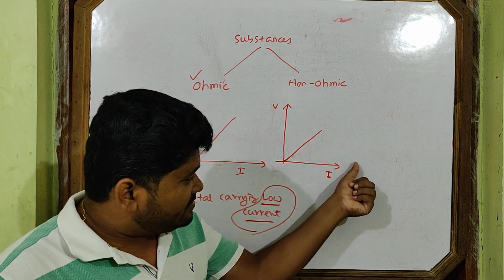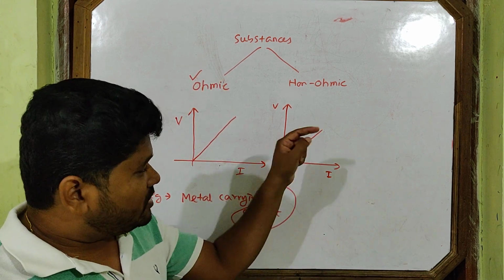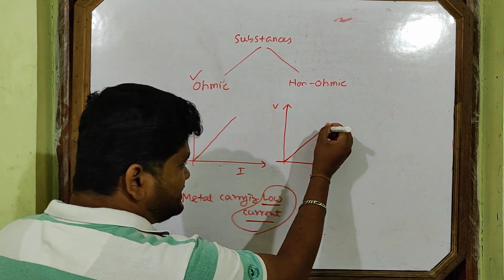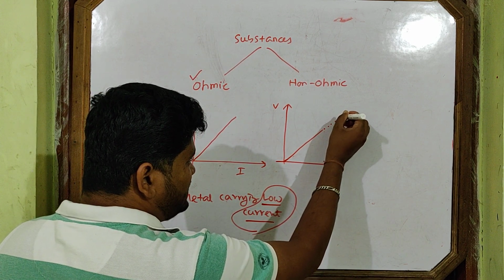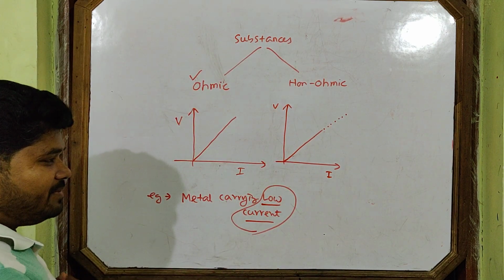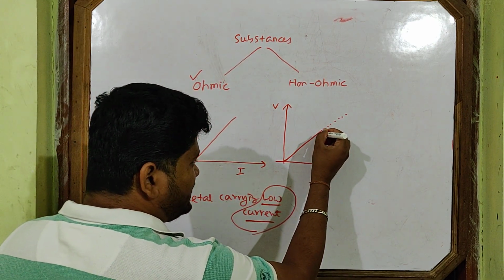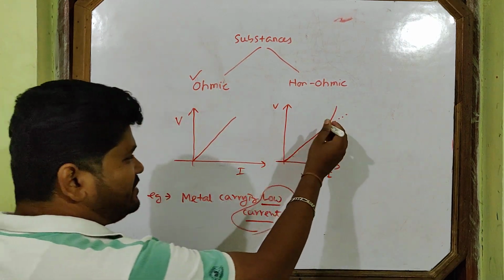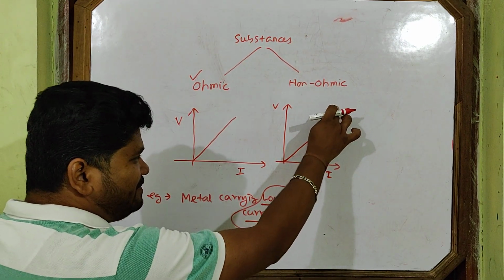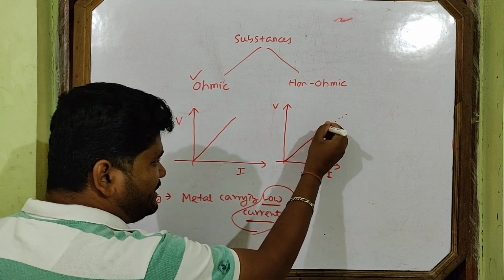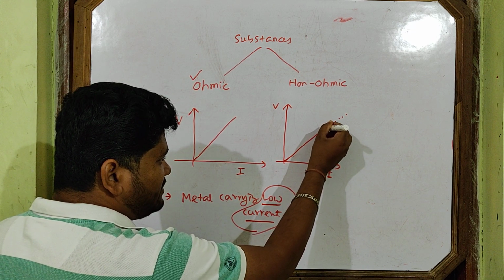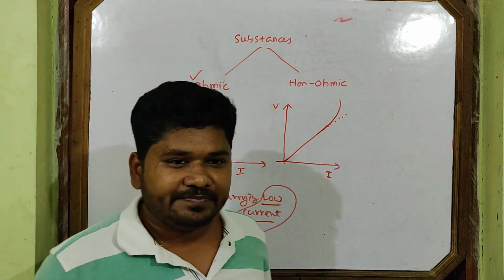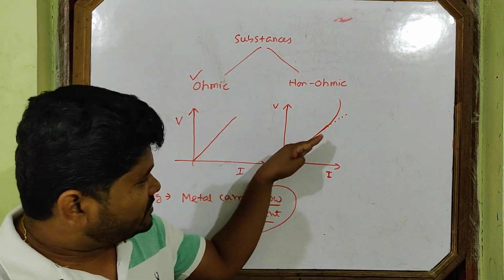But when the current becomes high, and more and more current is applied, how will this graph go? It should go like this, but now what happens to the graph? If the current becomes high, the graph will turn like this. The graph will deviate from its straight line path. It will bend like this. It will not go along this straight line now.